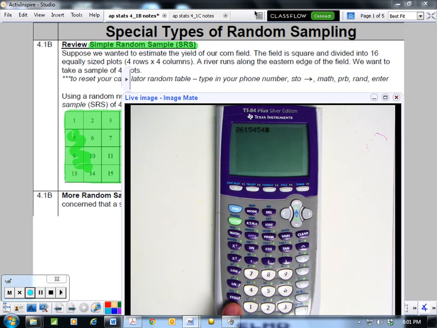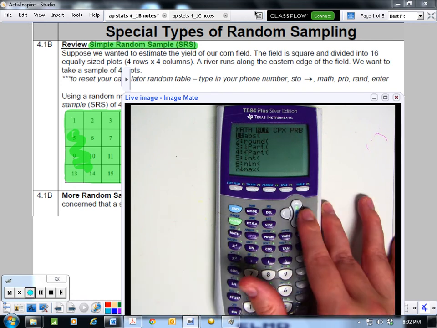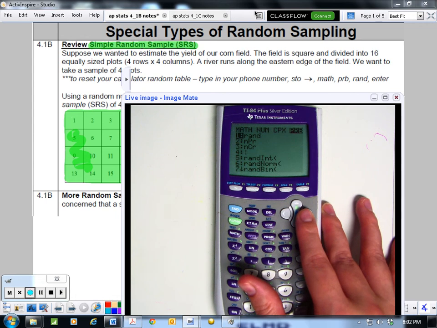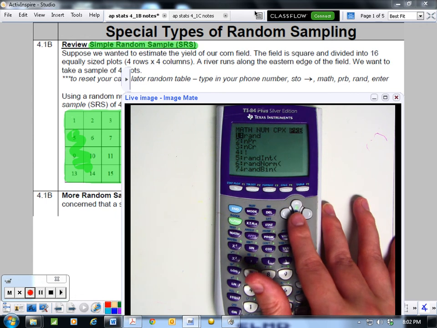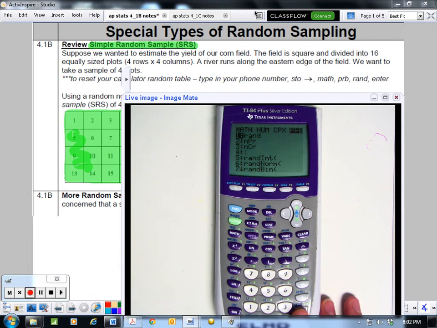So down here is my store button. I hit store, and then I'm going to go to math. We're going to go over to our probability menu, and you'll get familiar with the probability menu. And we're going to hit rand, which is random. So it's going to set our random number to that. We hit enter, and now that's my random number.